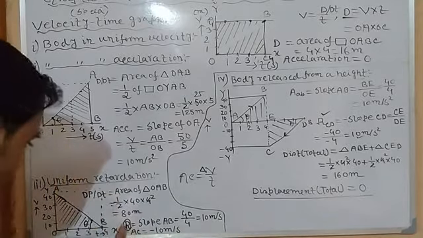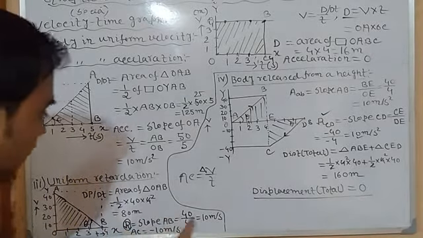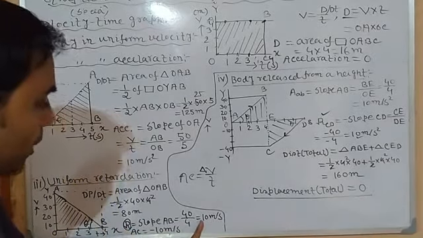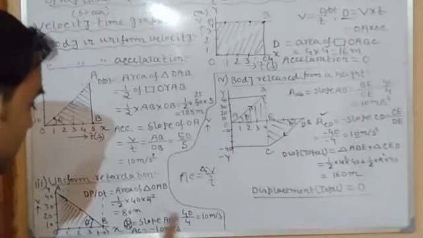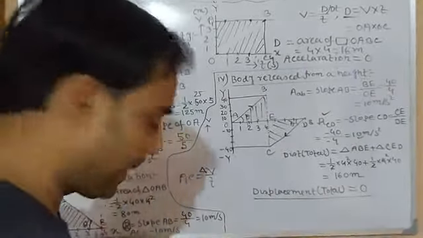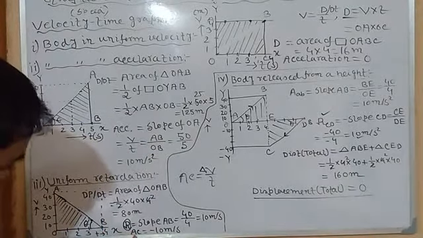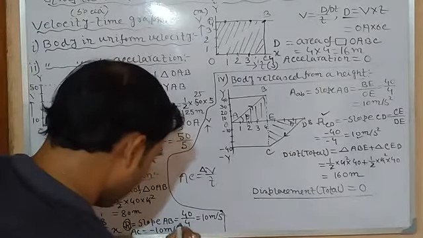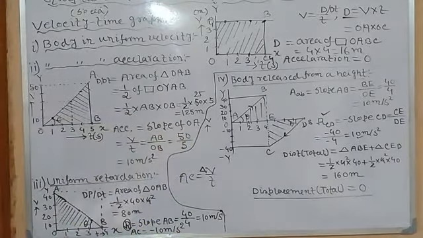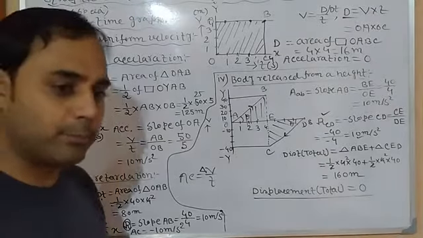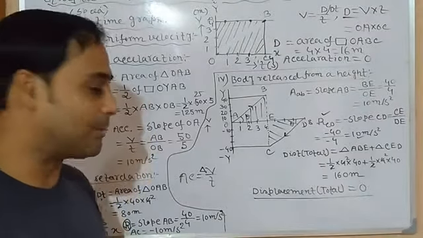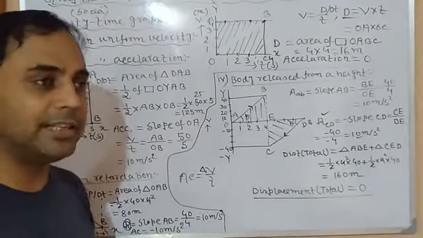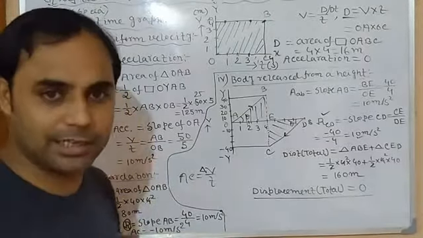Now one thing: if you write retardation, you cannot use a negative sign, because retardation itself means negative. Or if you write acceleration equals minus 10 meter per second squared, then it will be correct. It is just like in Hindi people say, apni to bad luck hi kharap hai.